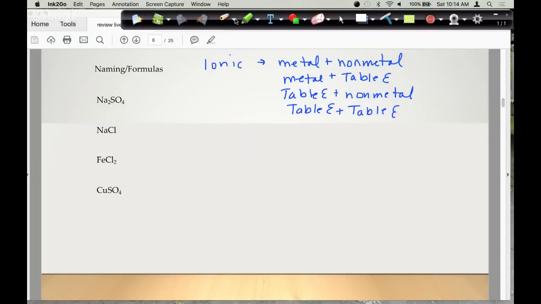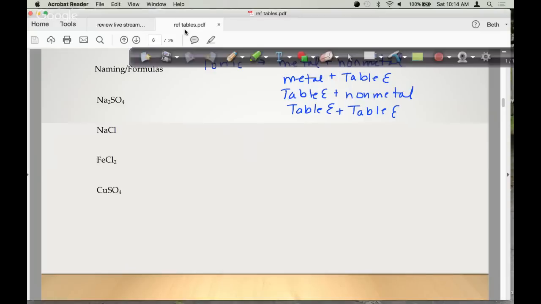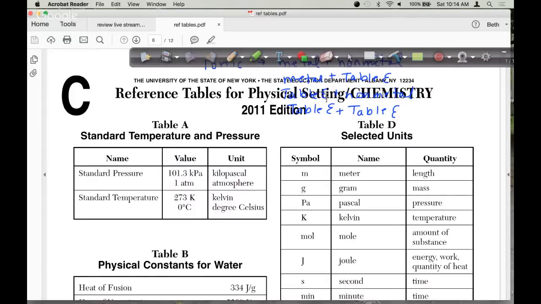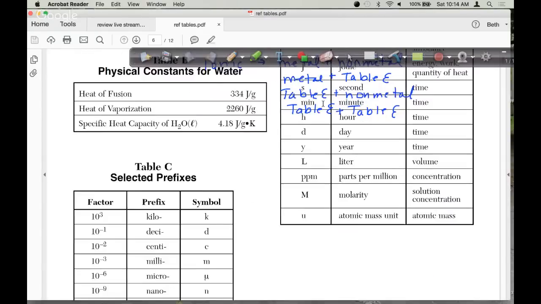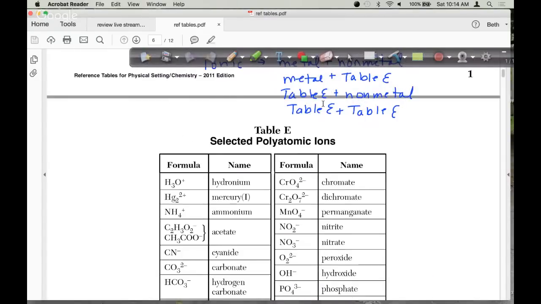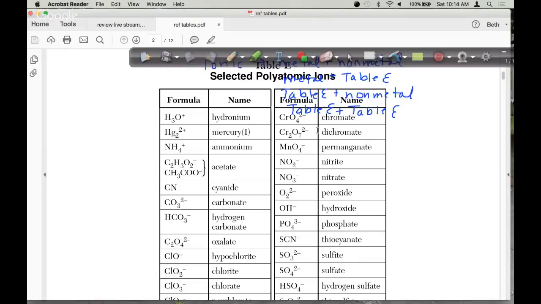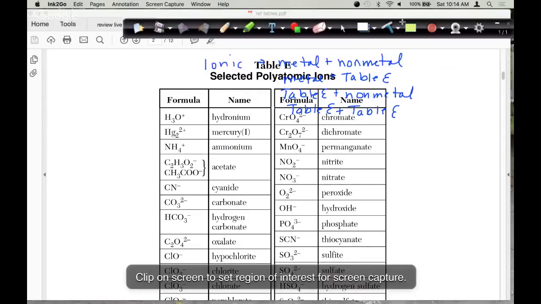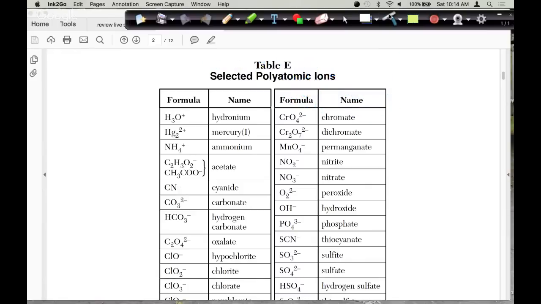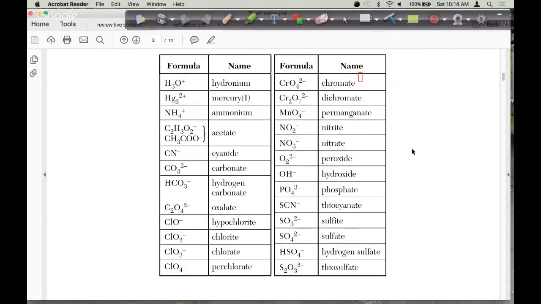And just because I mentioned table E so many times, let's look quickly at table E. Table E is our table of polyatomic ions. And when we look at table E, all of these polyatomic ions can be part of an ionic compound.